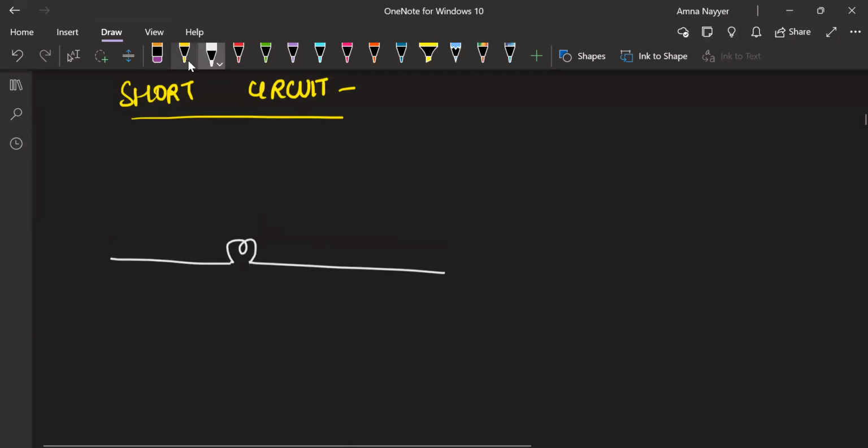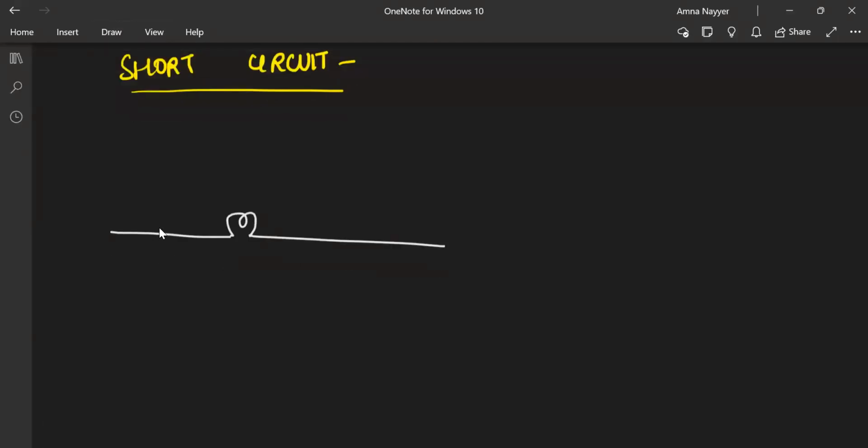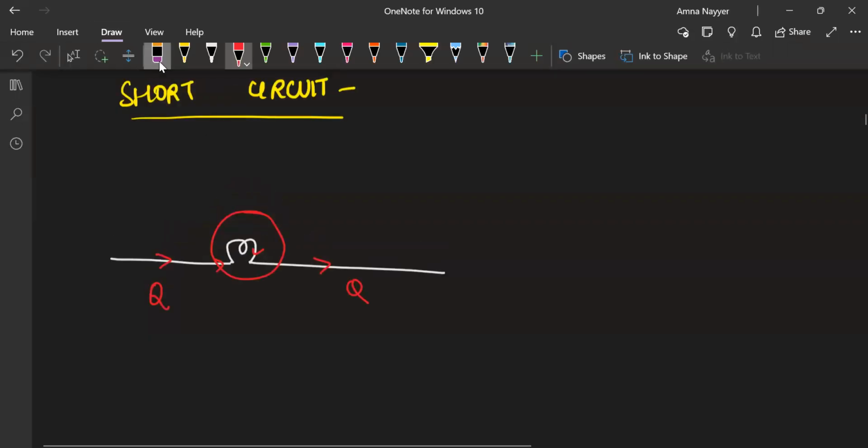Now, when the current is coming, or you can say charge is coming here, if the charge goes through this and comes across this, means it is going through it like this, what will happen? The bulb will glow. This is what happens. Yes or no?